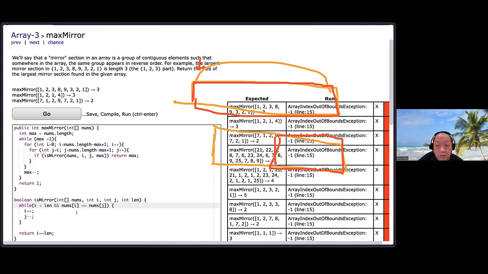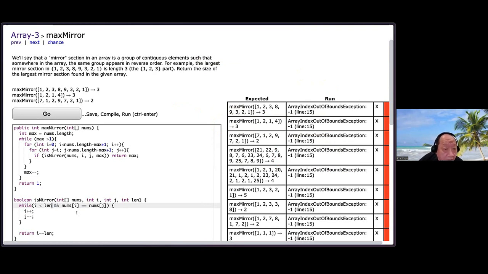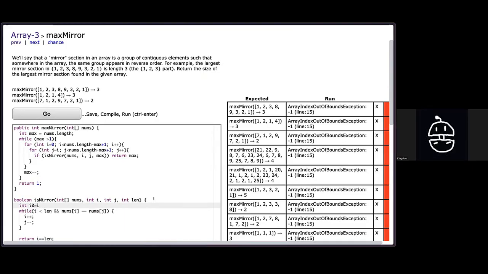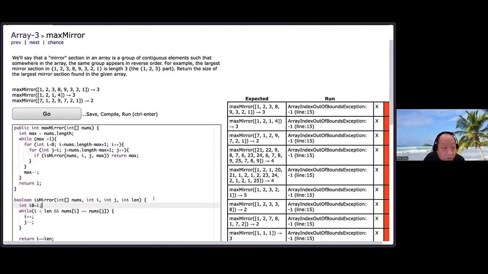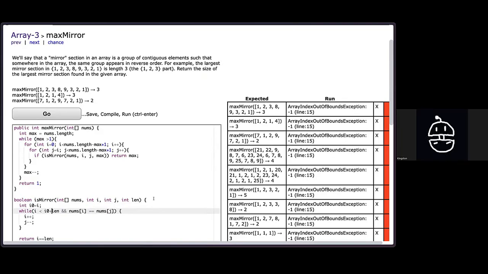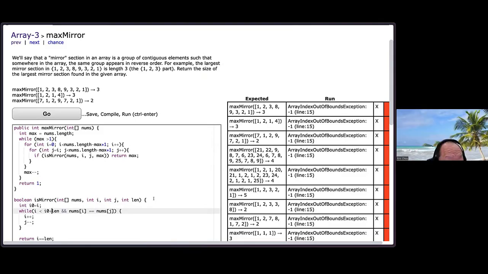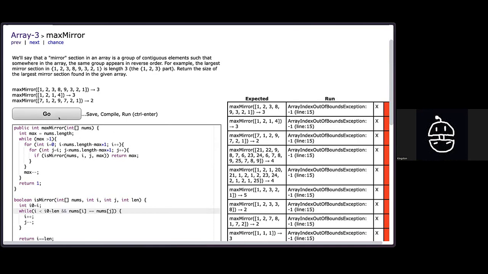Let me actually help you, okay? So you got the i, so let's declare something called integer i0 equals your original i location. So it should be i less than i0 plus length. I keep increasing, but I cannot go over that.